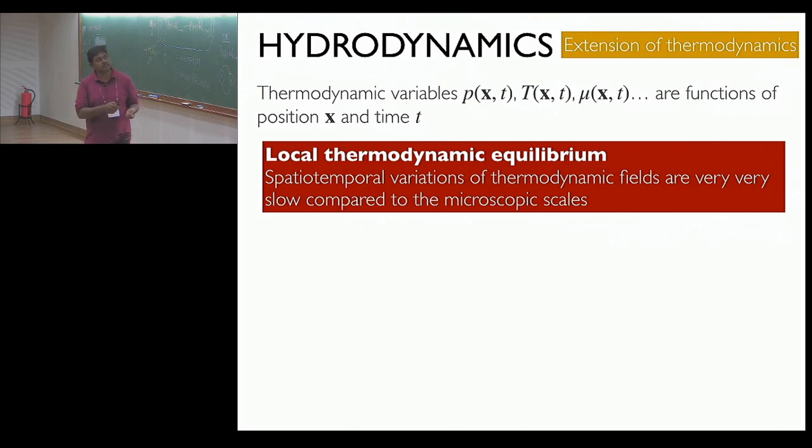They must be very, very slowly varying compared to the microscopic scales. You need to have this coarse-grained picture still at the back of your mind. You cannot have variations in the pressure as a function of space on length scales comparable to the mean free path. It doesn't make sense. At that description, the thermodynamic description doesn't work. You really need variations on much longer length and time scales.